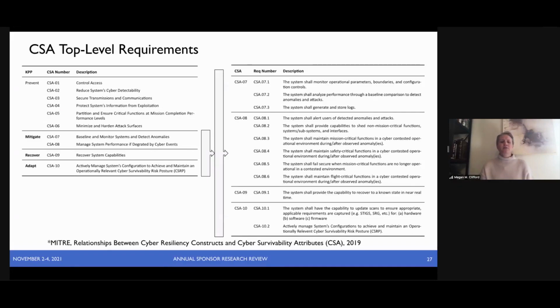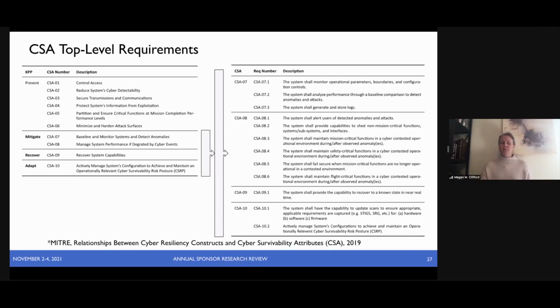This is the relationship between cyber resiliency constructs and cyber survivability attributes. And again, we're looking to determine metrics to put into specification and then into test and evaluation against CSA 07, 08, 09, and 10. And this is especially since these are supporting mission defense team efforts.